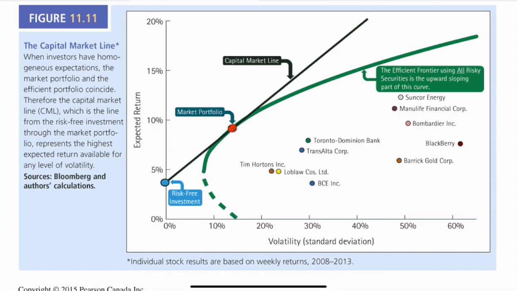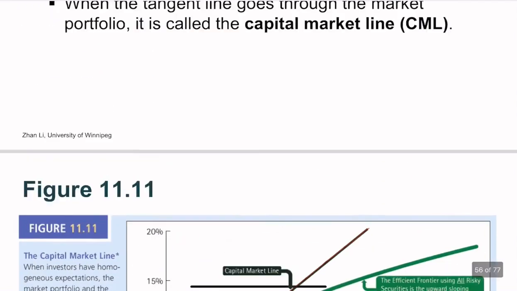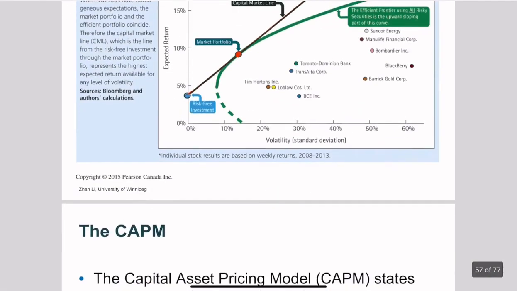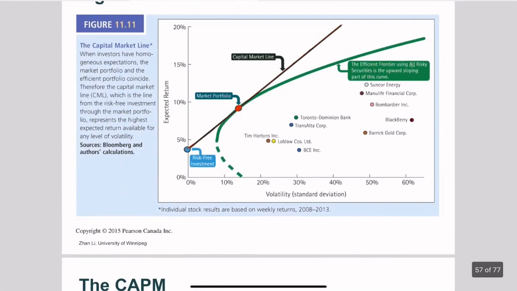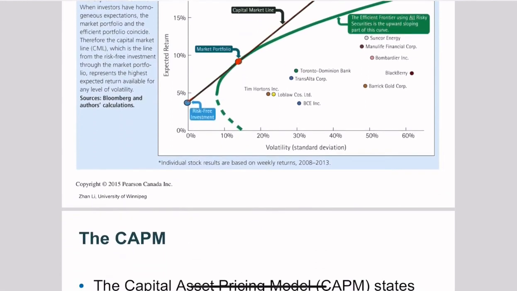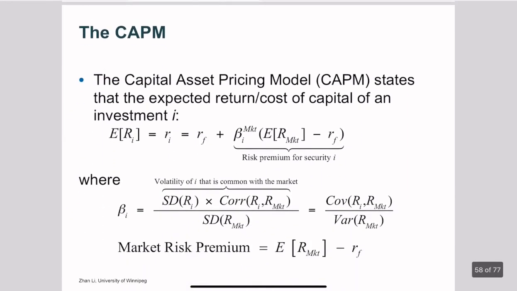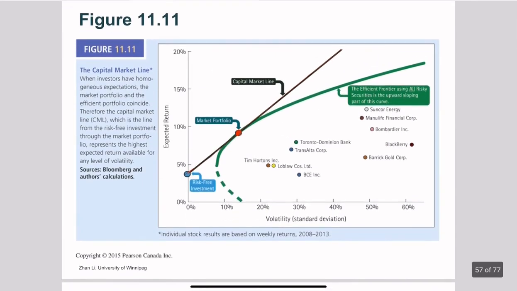And you can see that now again you could do the same thing. Connect the risk-free investment and the market portfolio. You will get a straight line, which is again this efficient frontier. And this line is called capital market line. Now, by the way, I should mention this.